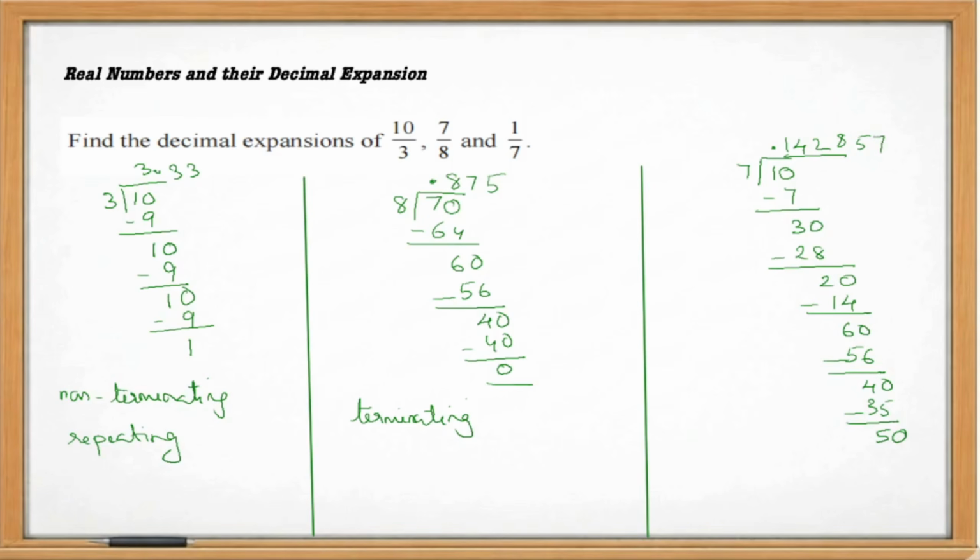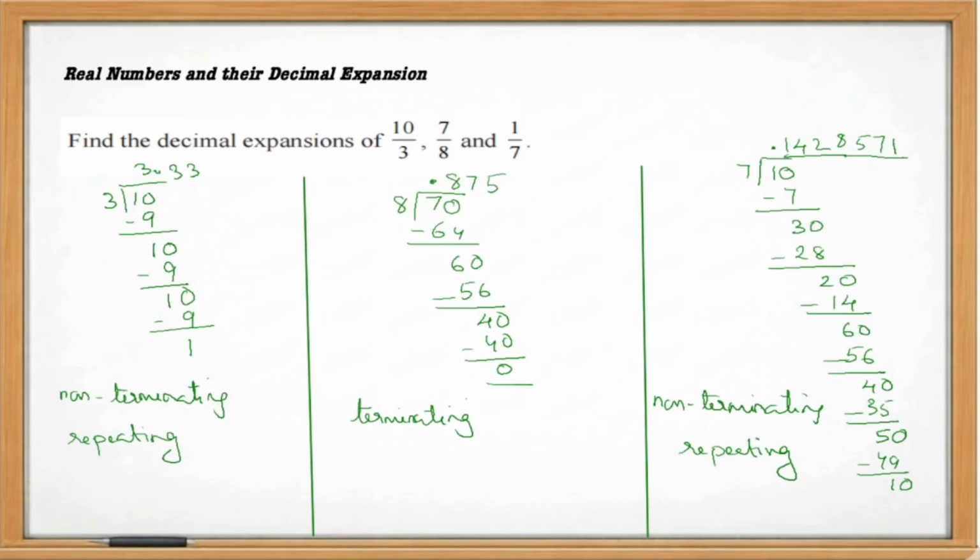Then 7. 49. 1. At this particular point, you can see that the 1 is again getting repeated. From this point, it starts repeating. So it keeps on going, from a particular point it starts repeating. So this is again known as non-terminating repeating.